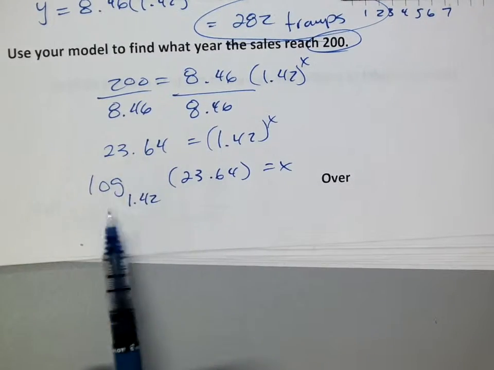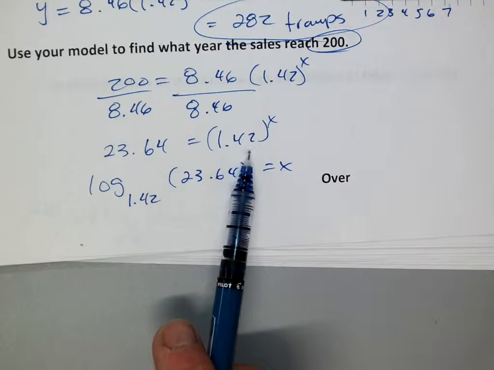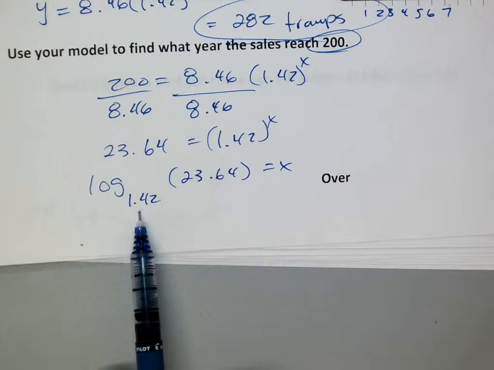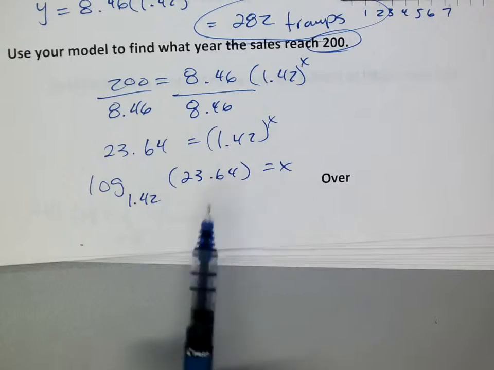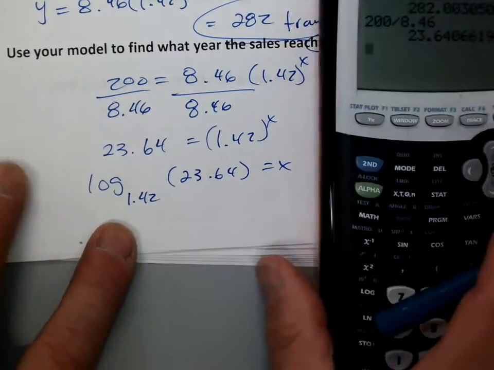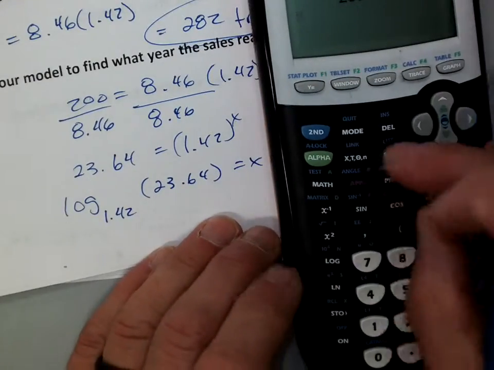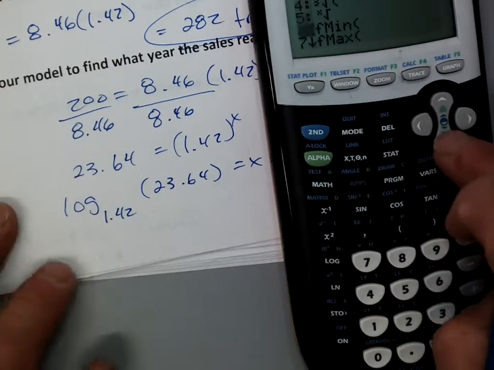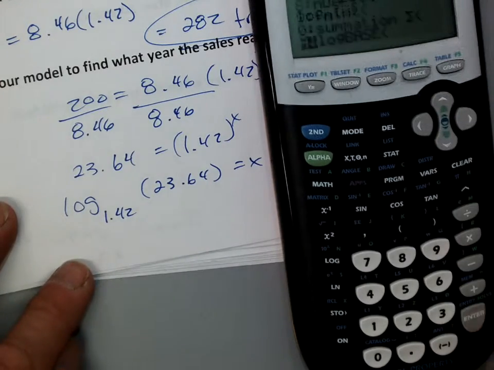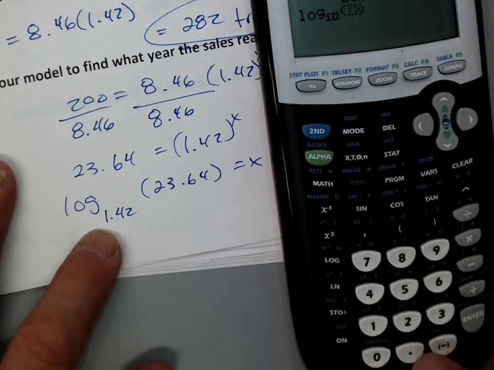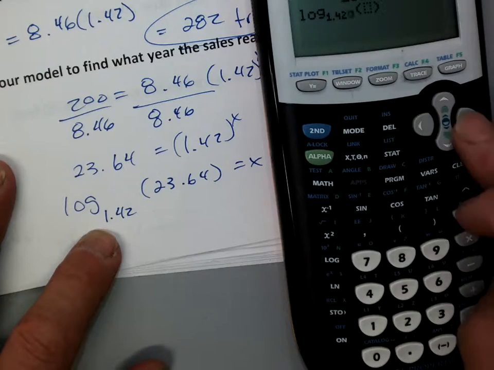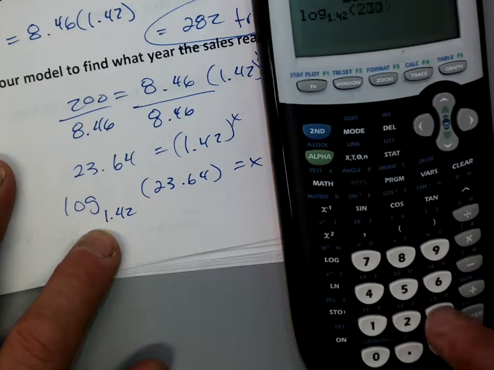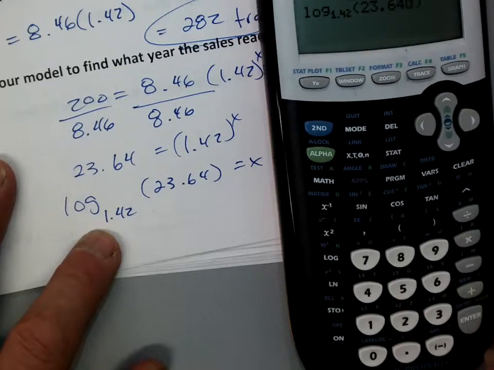So I've got log of my base, of my answer, equals my exponent. And then I can use my calculator. I'm going to go into my math, my log any base, right? I go 1.42 base of 23.64.